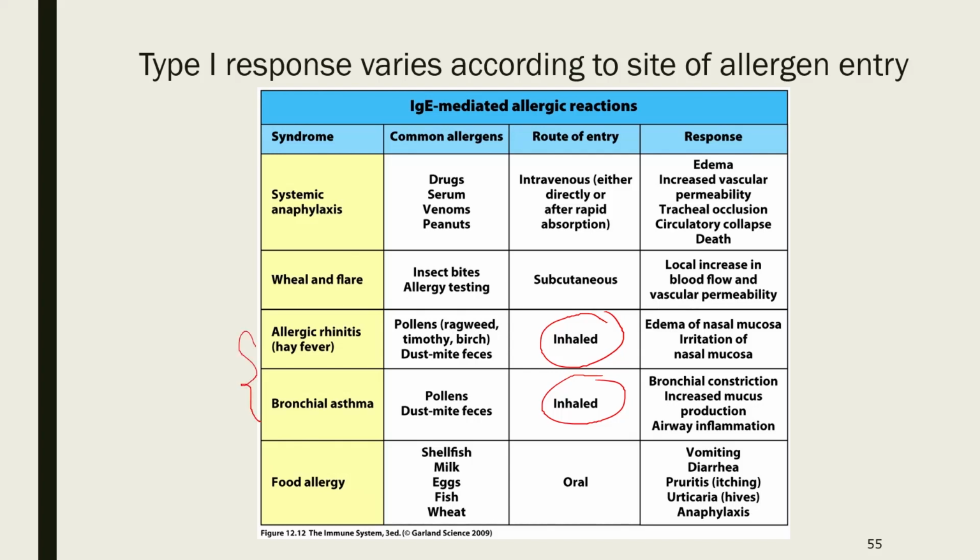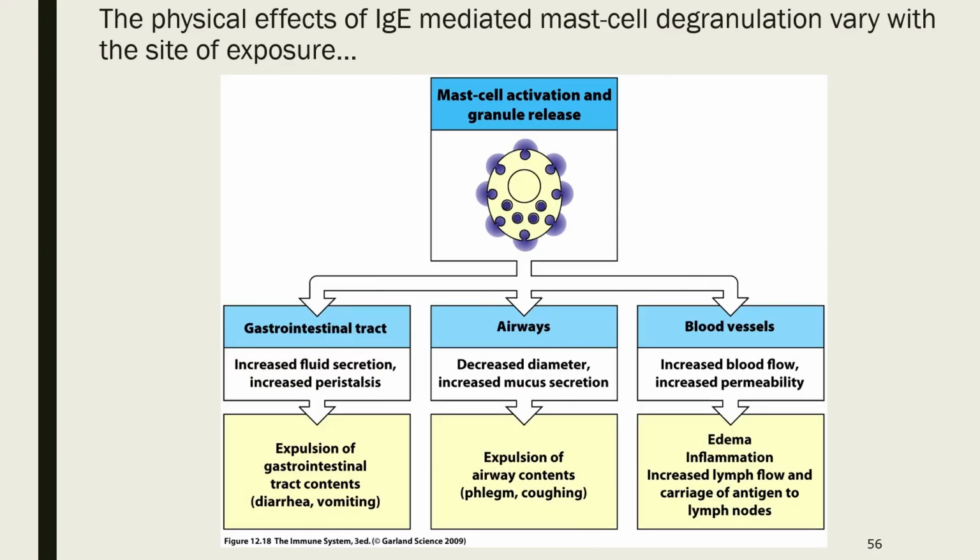Insect bites can also be one. Injections can also be the case, and sometimes it would be systemic if you get injected by, for example, a venom of some sort. That can also lead to type 1, right? Type 1 reactions are usually pretty fast in a sense. Now we'll talk about each of those in greater detail in later slides.